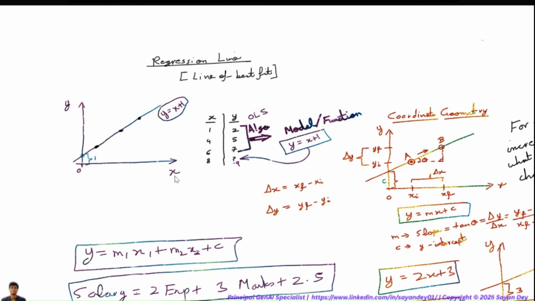You will look at the historical data in your organization. It will be somewhat like this. You have the experience, which is the input, and your salary, which is the output. You look at how much money people in the company typically make.